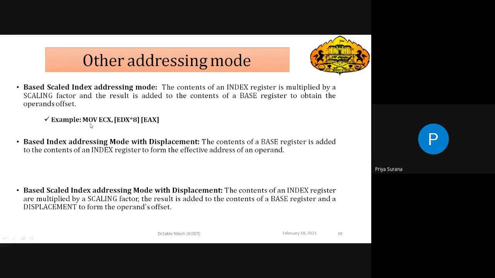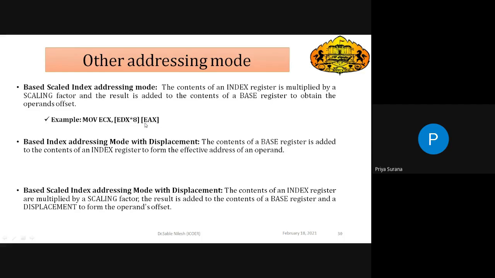We will go through an example. MOV ECX, [EDX + EDX*8 + EAX]. See here, a scaling factor is used, a base register is used, and one more register will be used.